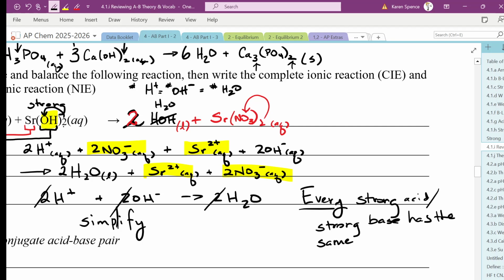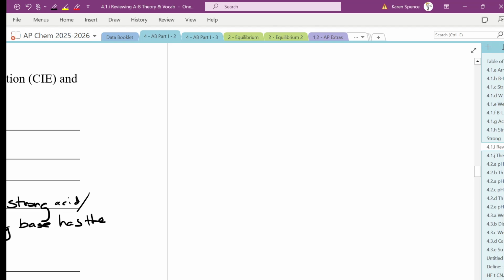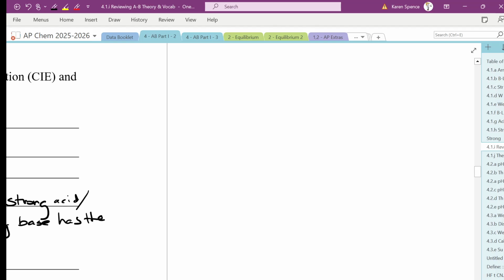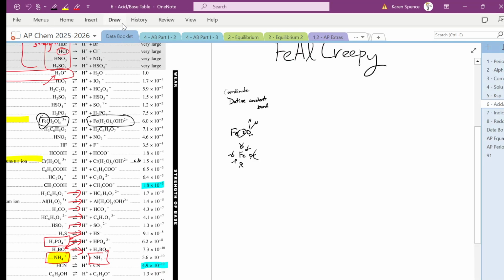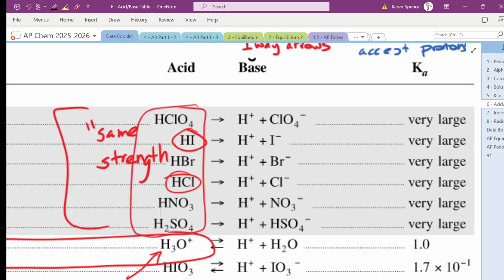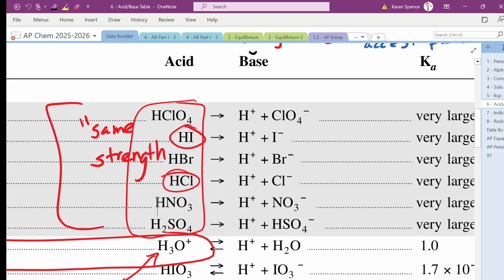That's not a strong acid. Hold on. Let's look at our strong acids. Okay, so chlorate is soluble with everything. So is iodine, unless it's silver or lead, and those are insoluble hydroxides.